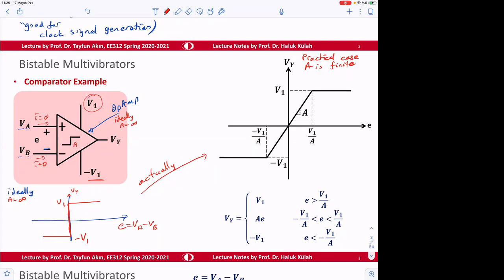So, without knowing the value of A, thinking that A is not infinity, we can look at the output and write the output signal for all these 3 cases. This is case 1, and this one, okay?